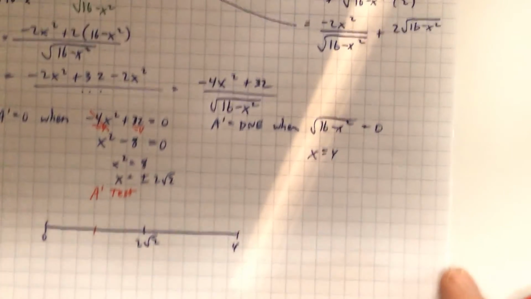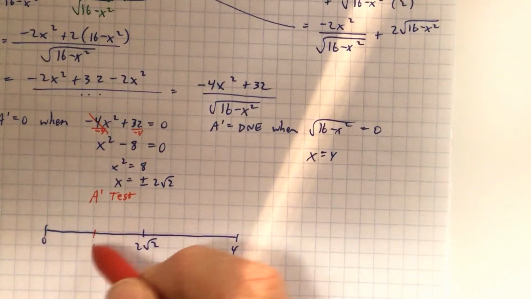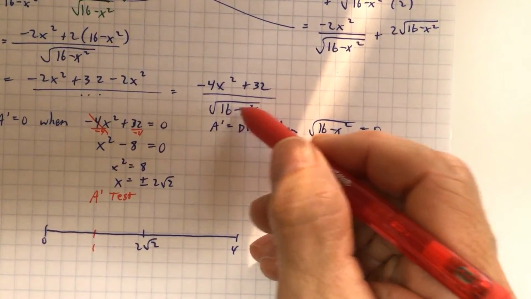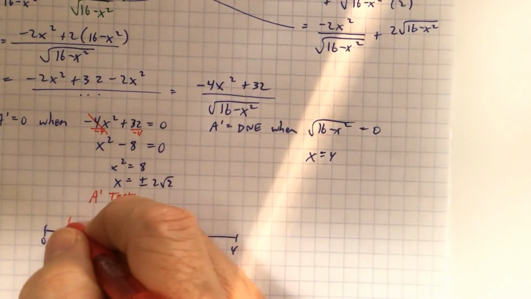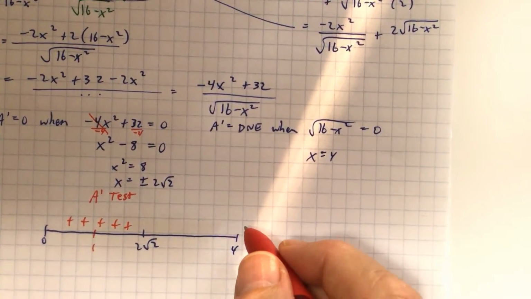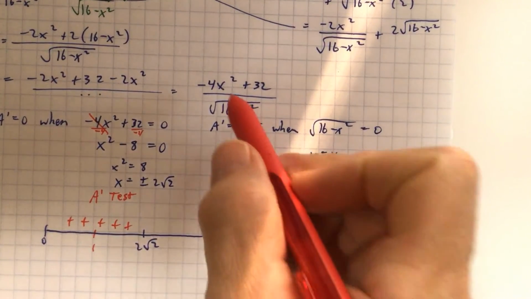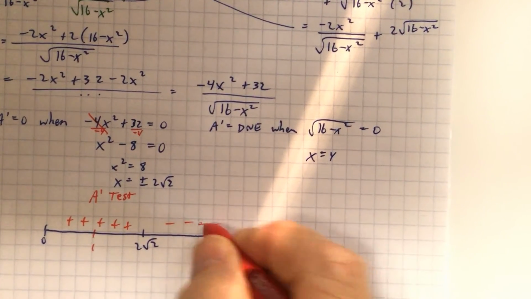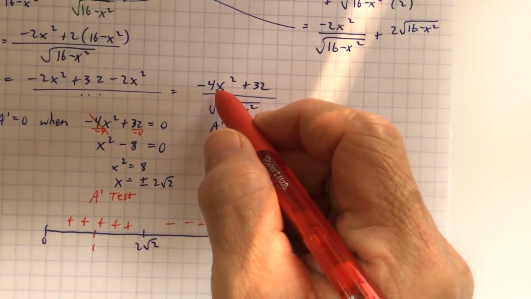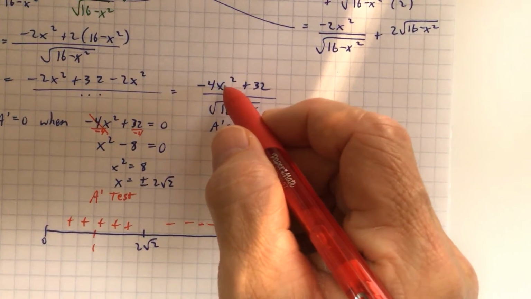If we look at the derivative right here and put in a 1, we get negative 4 plus 32. That's a positive number. Certainly the denominator is going to be positive, so we have positive. If we put in a number like, let's say, 3.9, well, for sure, somewhere in here we're going to get a negative. You can put in 3.9, and then you get negative 3.9 squared.